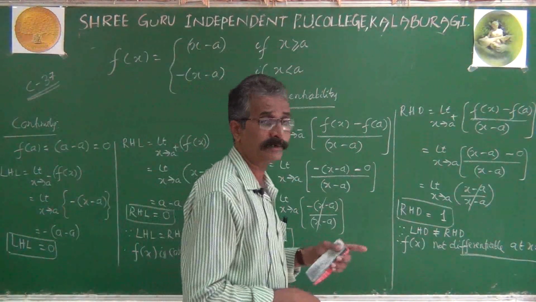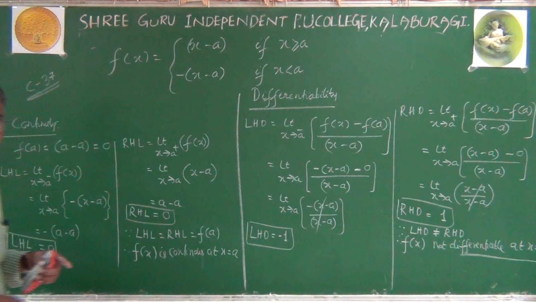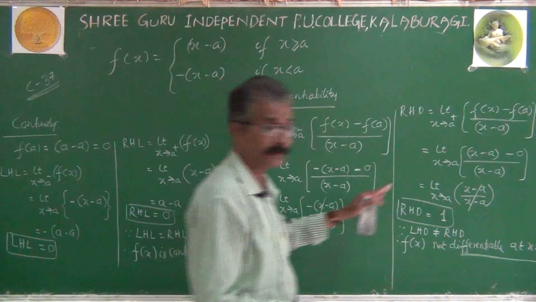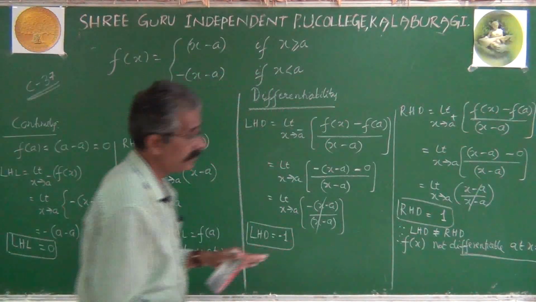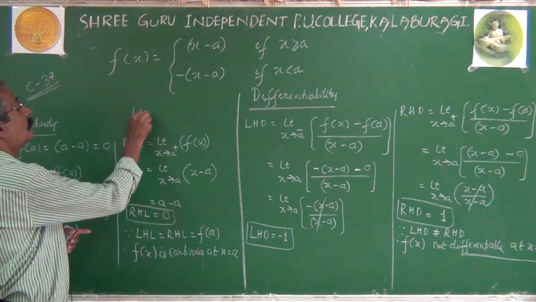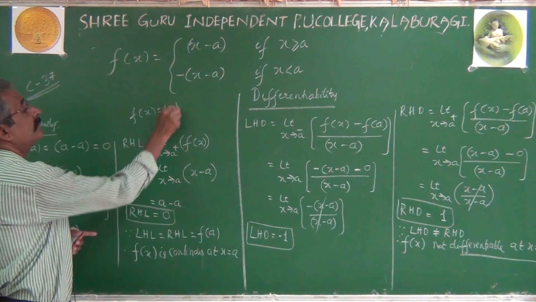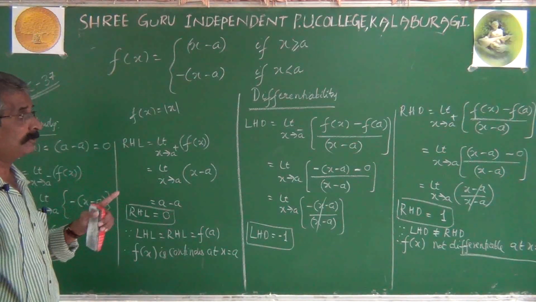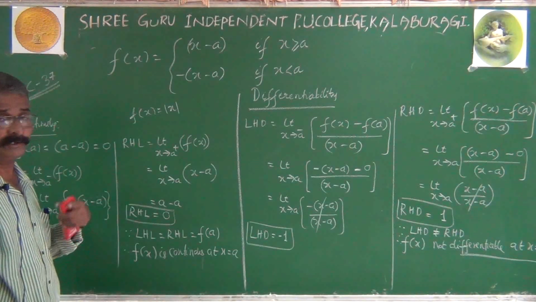Means a function which is continuous may be differentiable, may not be differentiable. Though this function is continuous, it is not differentiable. So keep in mind, if at all you are given an example for 1 mark, define or give an example for a function which is continuous but not differentiable, the best example is like this: f(x) equal to modulus of x can be taken. f(x) equal to modulus of x is continuous at x equal to 0 but not differentiable at x equal to 0.